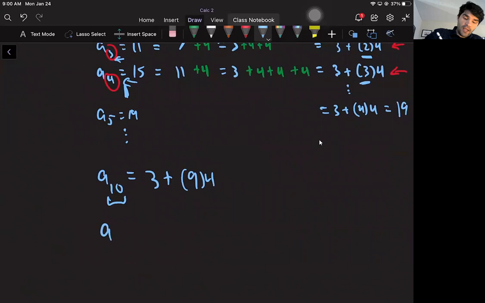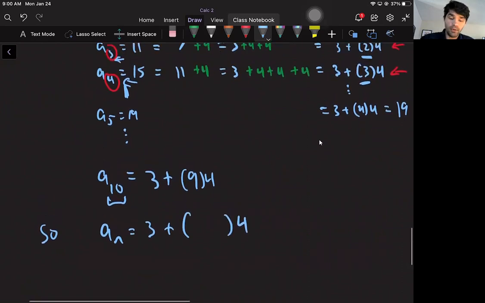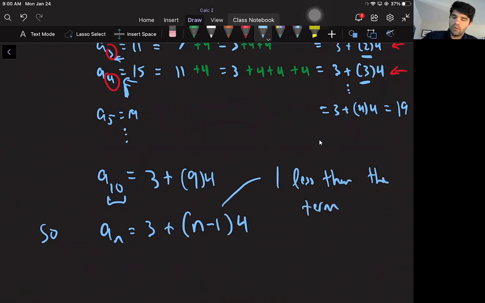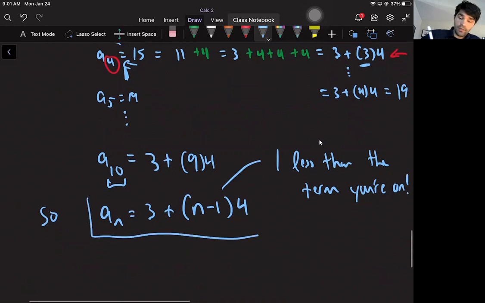So that means for AN, how many 4s am I adding? To get to that number, I'm adding 1 less. How do I do 1 less? I just do minus 1, N minus 1, 1 less than the term, or N. And so that's the pattern.